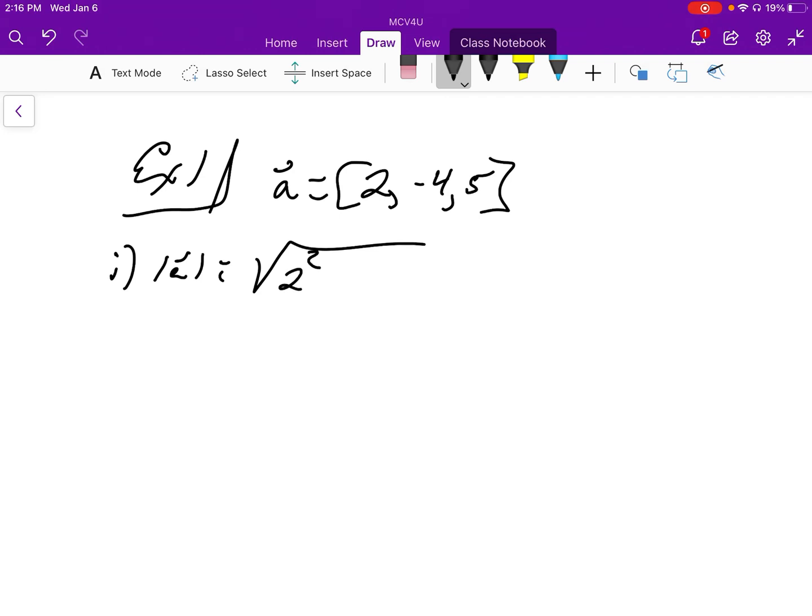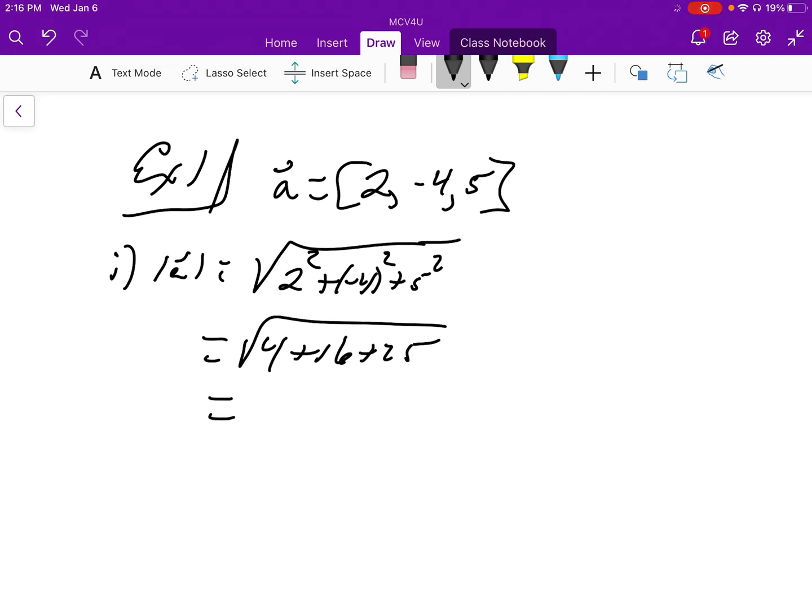So 2 squared plus negative 4 squared plus 5 squared, right? 4 plus 16 plus 25, the square root of all that, and you've got the square root of 45. For those of you who like to simplify this a little bit, you're going to end up with 3 root 5 because it's 9 times 5, and the square root of 9 is 3.